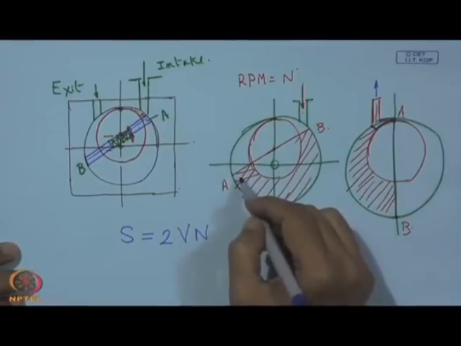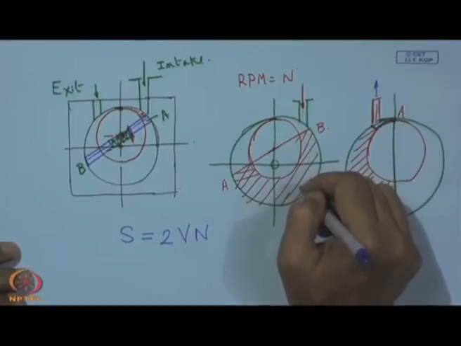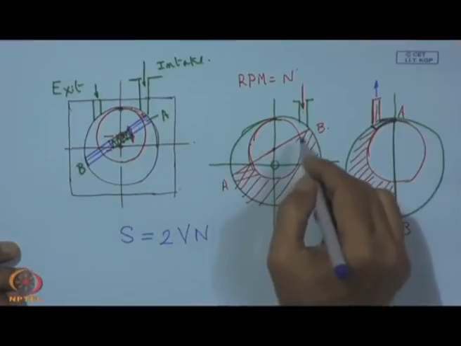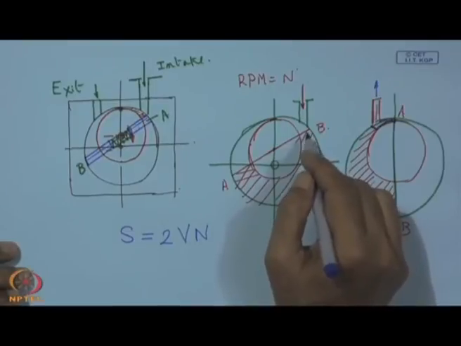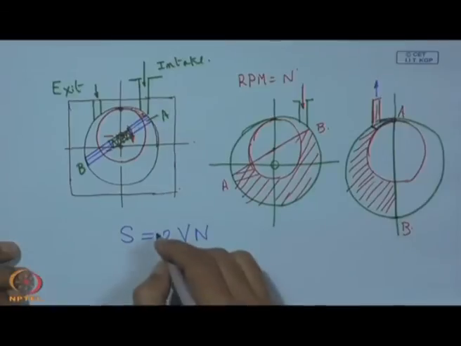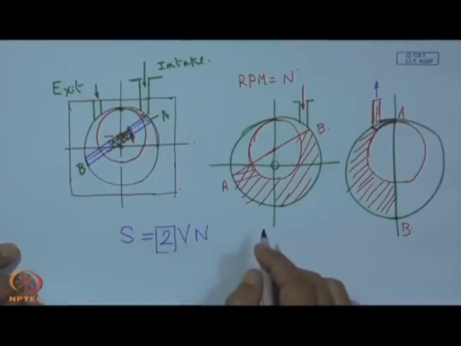That means, once A will be actively participating in pushing the material, and in another case B will be doing the same job. So, it will be twice in one rotation, that is why we write 2, and that will be 2 V n. So, that will be the pumping speed.